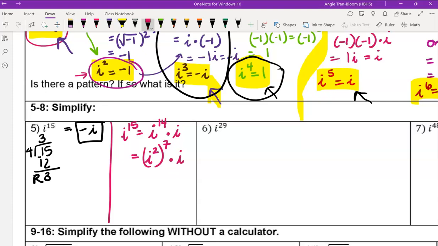This method right here, the second method, I don't need to know the division part. I know that i squared is always going to be -1. So this will allow me to say -1 to the 7th power times i. A negative number to the odd power is always -1. So -1 times i, students, is going to be -i. So either method will give you the same answer.